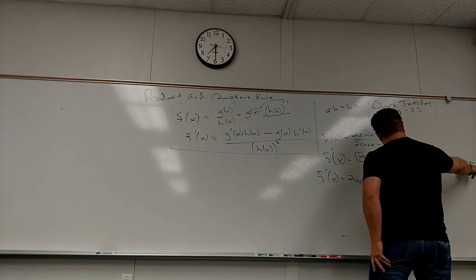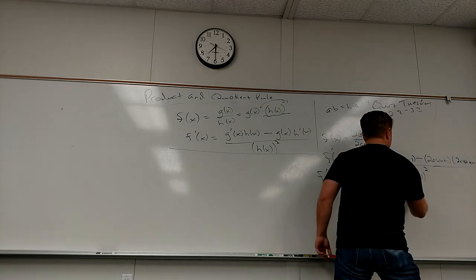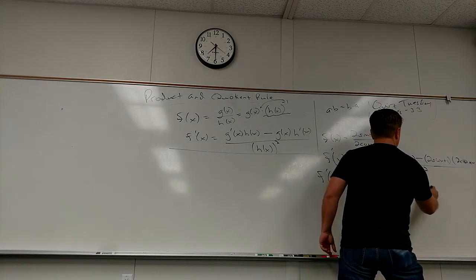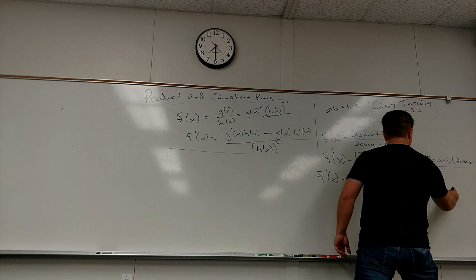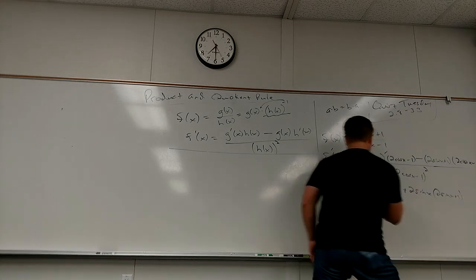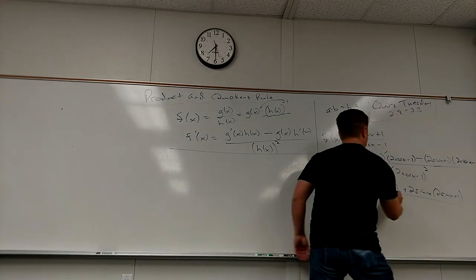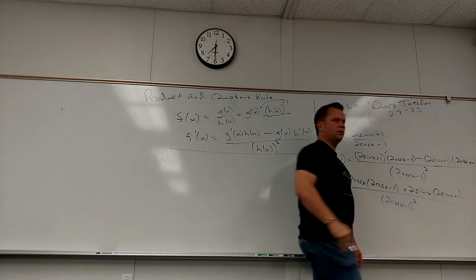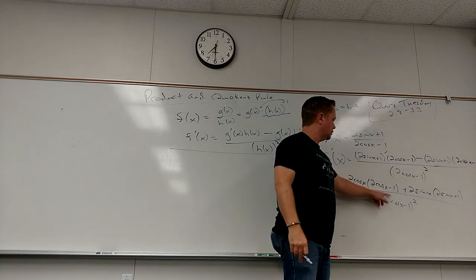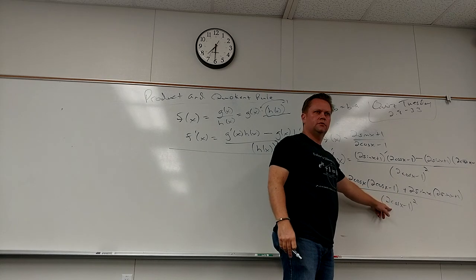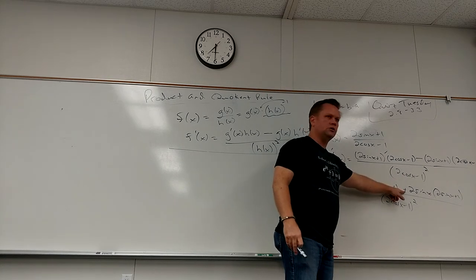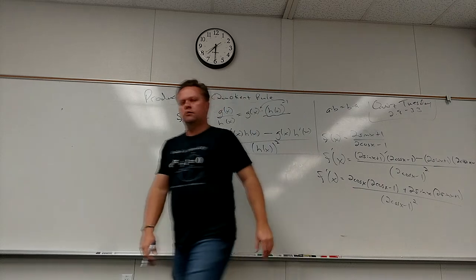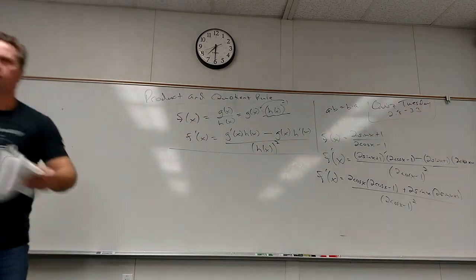Negative sine. Good, so it'll be plus 2 sine x times this, all over this business. And yes, I know I've said this before, but there's no way that this can reduce, because you can't use division to break into an addition, right?